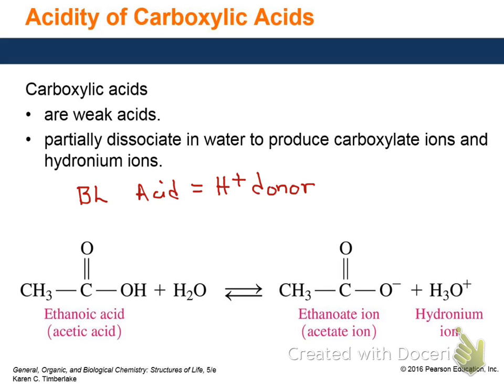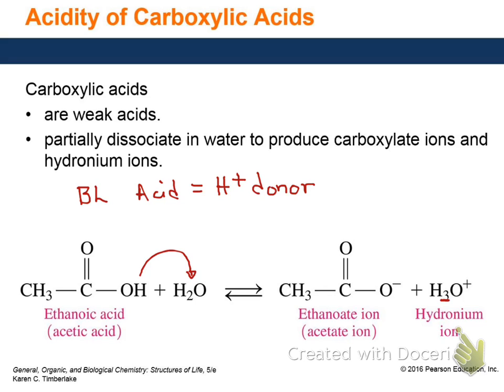So if you look at this reaction here, it's going to get rid of an H plus and donate it to the water here. And that means on the product side, water, instead of having 2 hydrogens, should have 3. So that's where we get the 3 from in the hydronium ion.